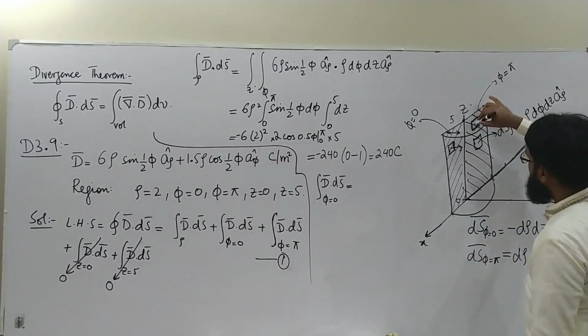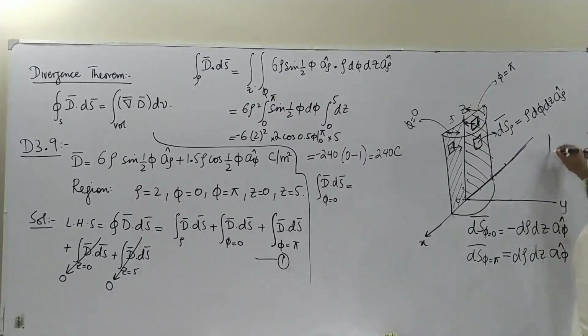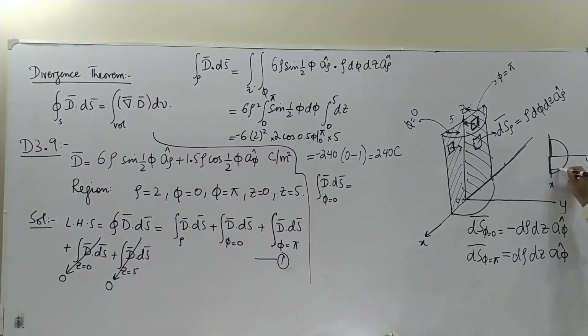If you see it from the top, let's say this is the x-axis, this is the y-axis, this is the semi cylinder. This is phi equals to 0 and this is phi equals to pi. The directions should be perpendicular to phi equals to 0. If I take a phi, it is pointing into the volume, and we are not interested in that. We are interested in a direction pointing out of the volume, so I should take minus a phi.